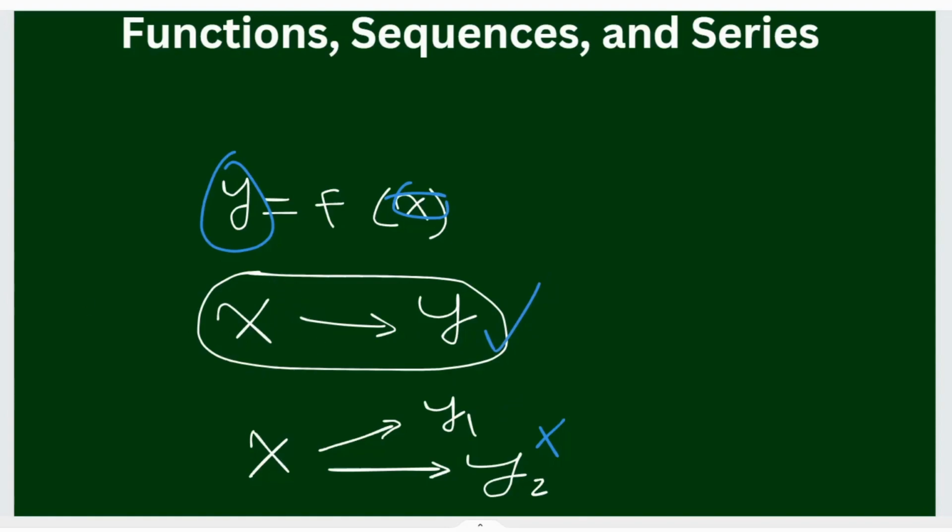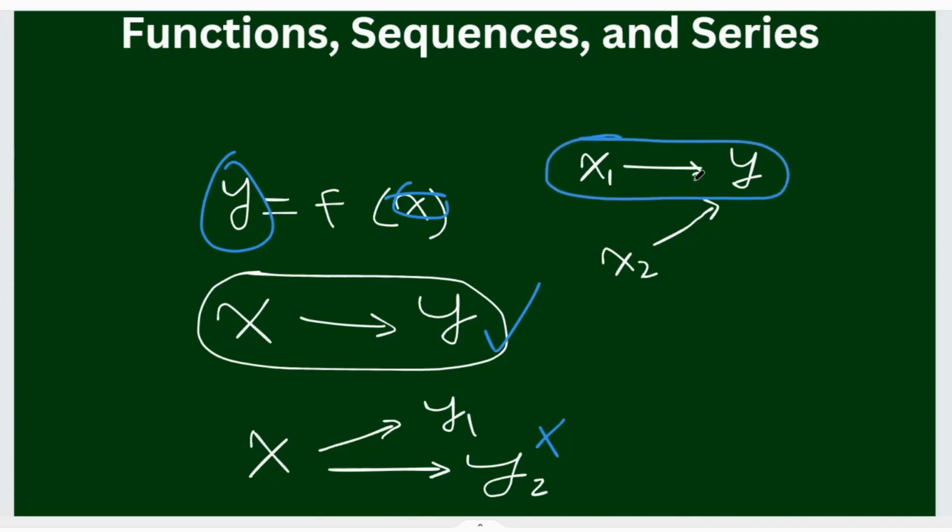Now, this is not to be confused with different values of x giving you the same value of y. For instance, let's say that a certain input x1 gives you y, and a certain input x2 also gives you y. Is this a function? Yes, because x1 gives only one value of y, and x2 also gives only one value of y.